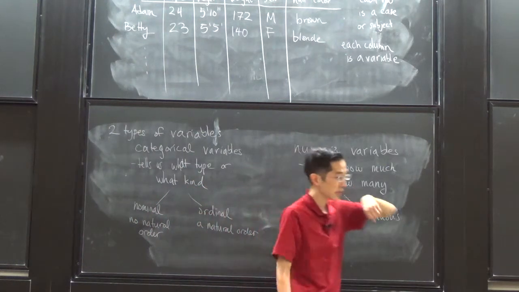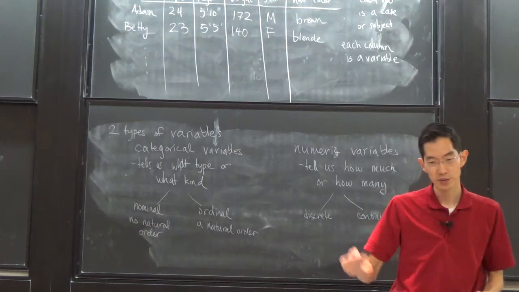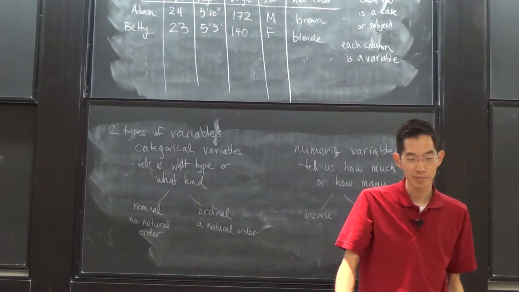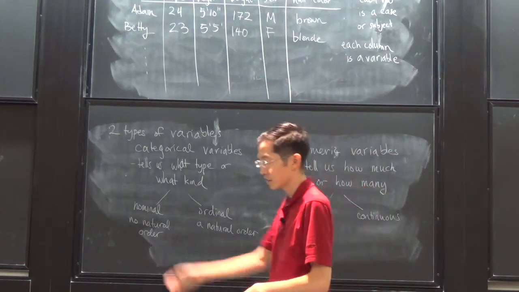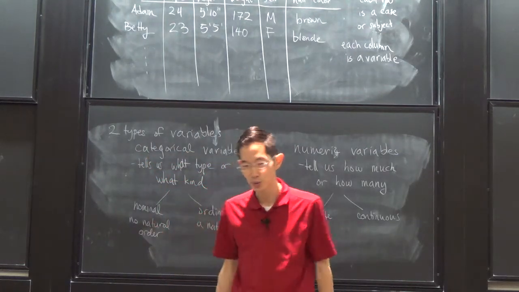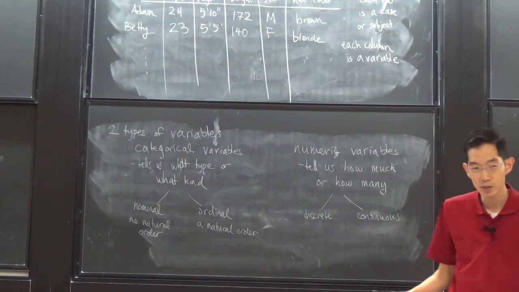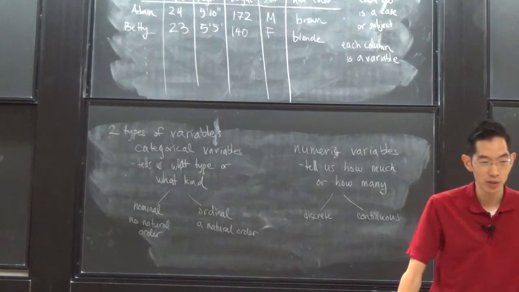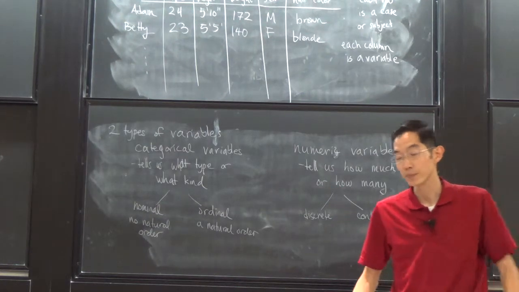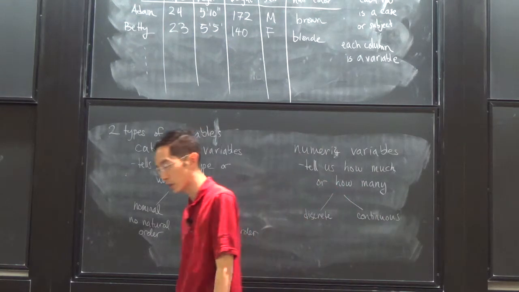So, sex would be a nominal variable, okay? Because it would be equally valid to list the sex as male and then female, or female and then male. There's no natural order that makes sense of one over another. Same with hair color. We could list them in any order. Red, brown, black, blonde, white, gray, I don't know.